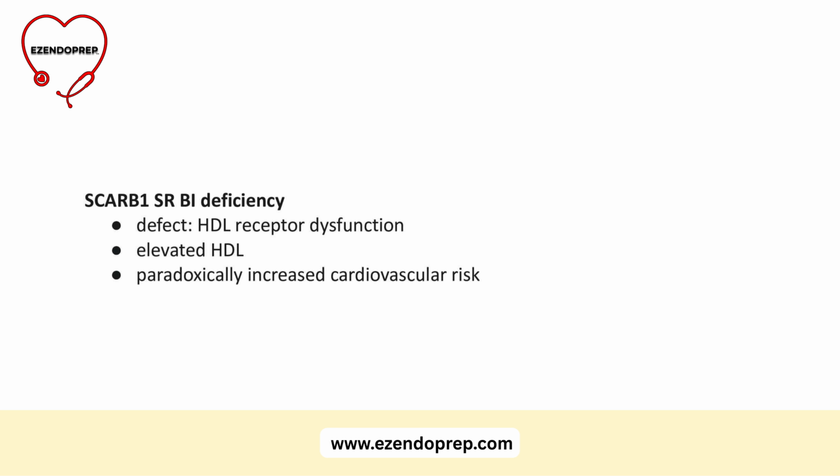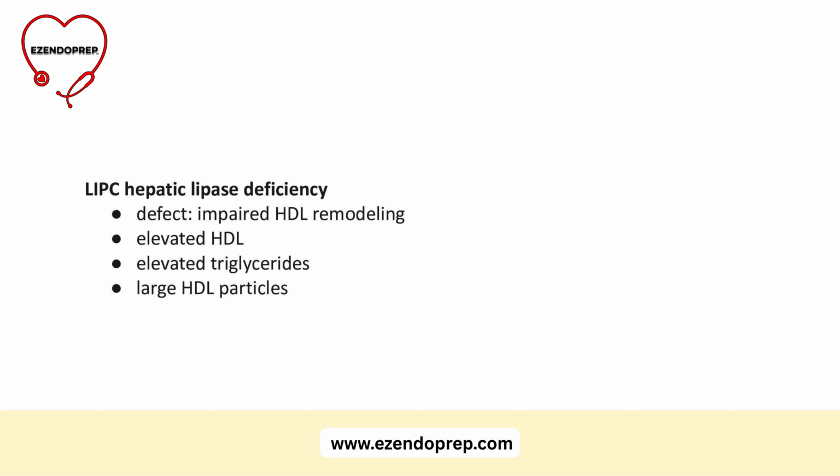Here, there's an elevated HDL and a paradoxical increased cardiovascular risk. And then they mention hepatic lipase deficiency and endothelial lipase deficiency. Hepatic lipase deficiency gene is LIPC. Endothelial lipase deficiency, the gene is LIPG. In hepatic lipase deficiency, there's elevated HDL, elevated triglycerides, and enlarged HDL particles.